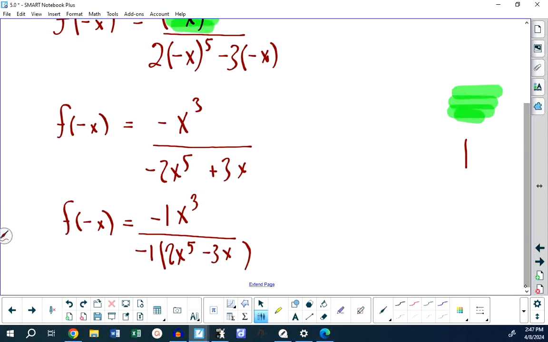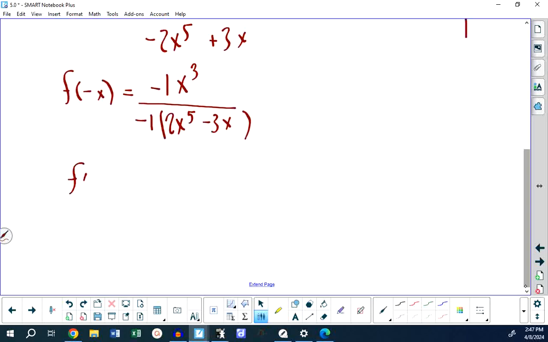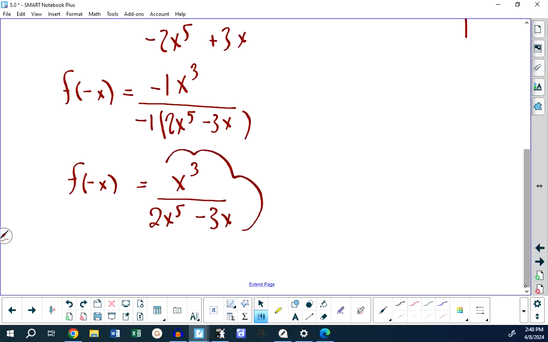But those two -1s cancel. This, unless I've lost my mind, is f of x, isn't it? So after all is said and done, f of -x is the same as f of x. It doesn't matter whether you use a positive or a negative value for x, you get the same result, and that means this function is even.